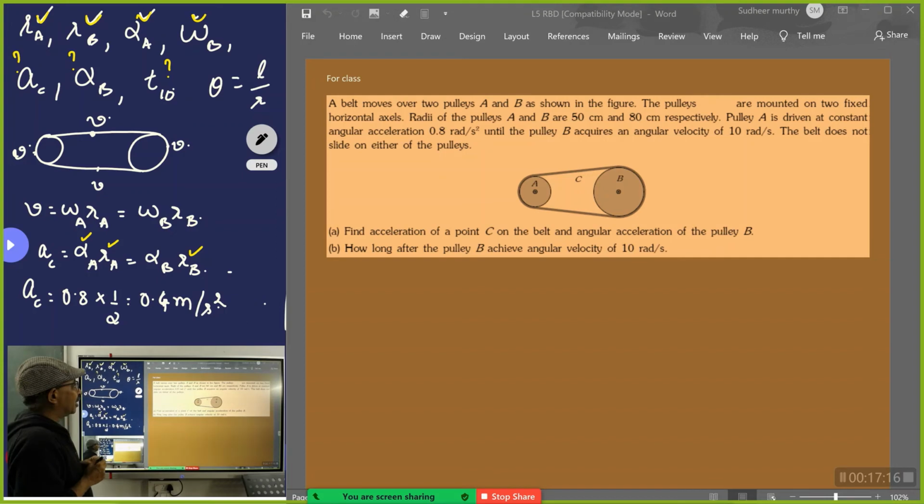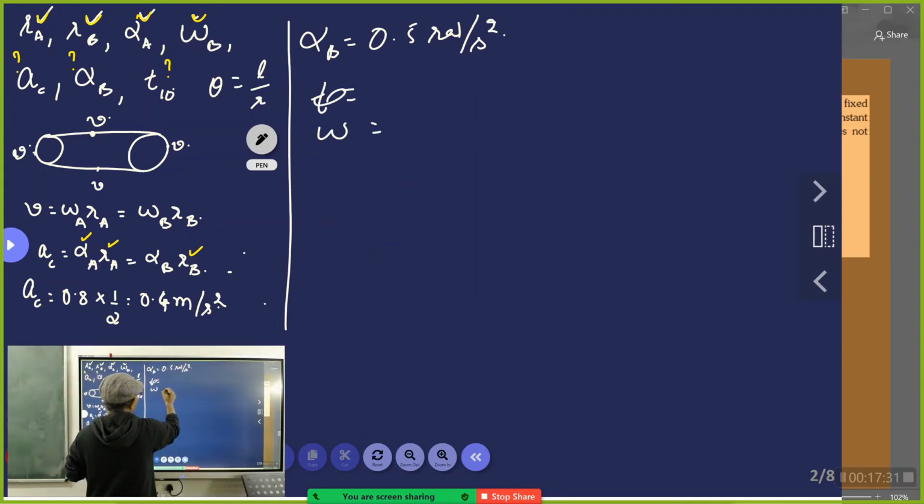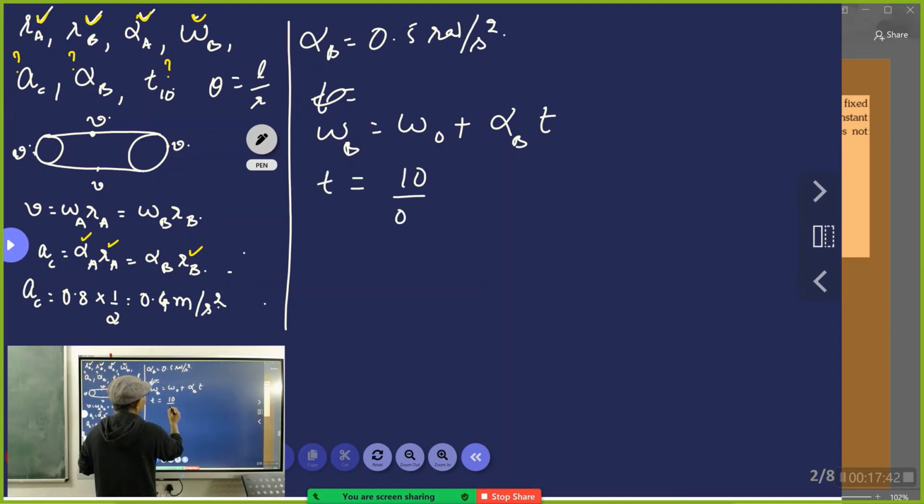Omega b is equal to alpha b into t. So t will be equal to omega b, which is 10, divided by alpha b, which you got as 0.5. Therefore this is equal to 20 seconds.